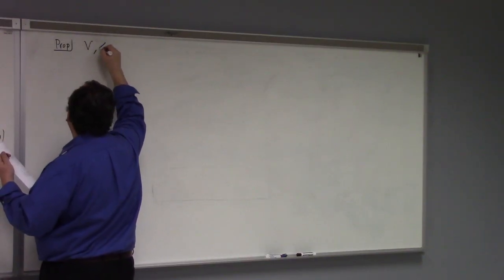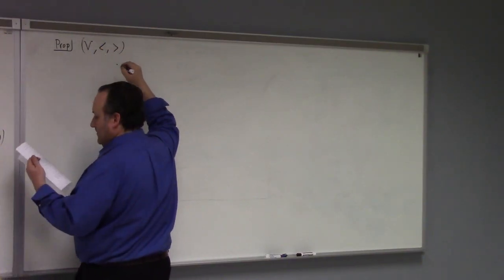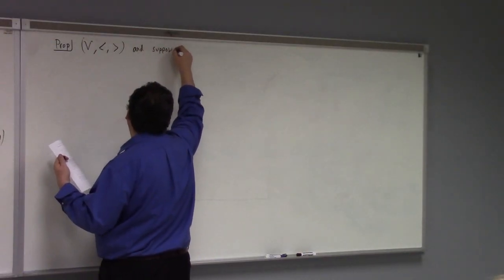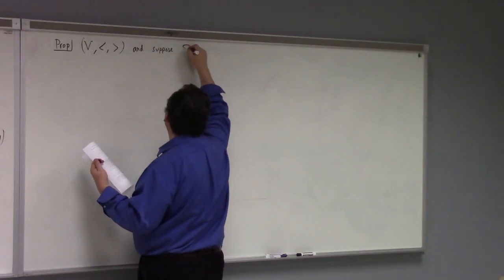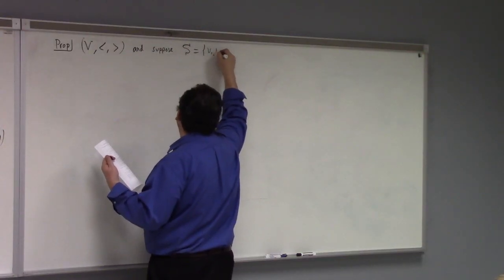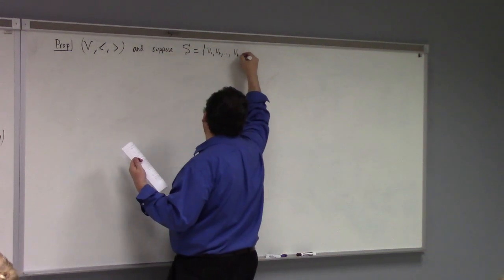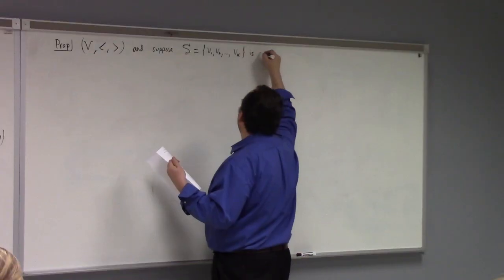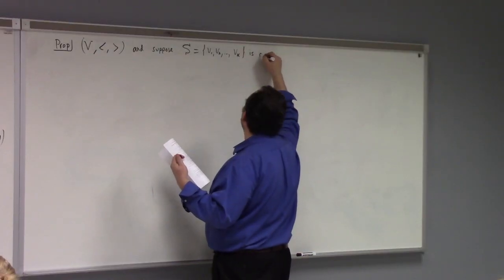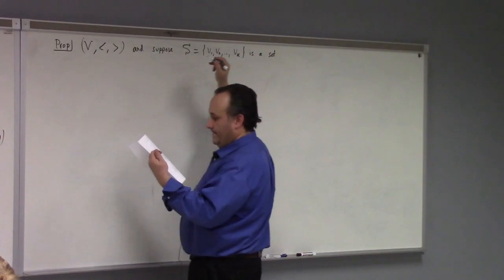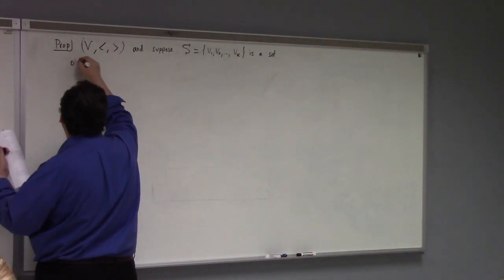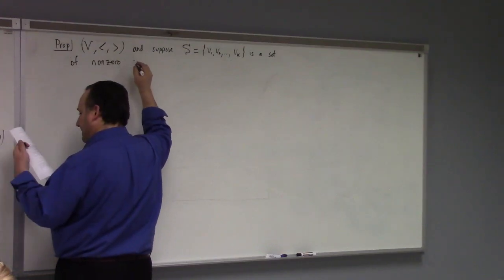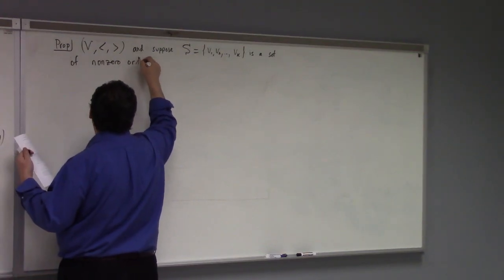So we have V with the inner product, and suppose S equals {v1, v2, ..., vk} is a set of non-zero orthogonal vectors.